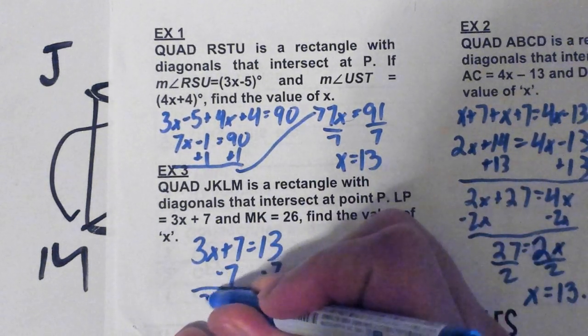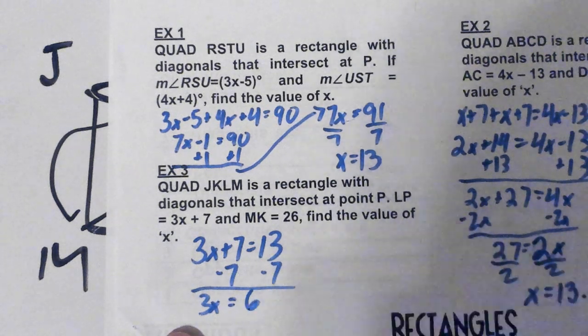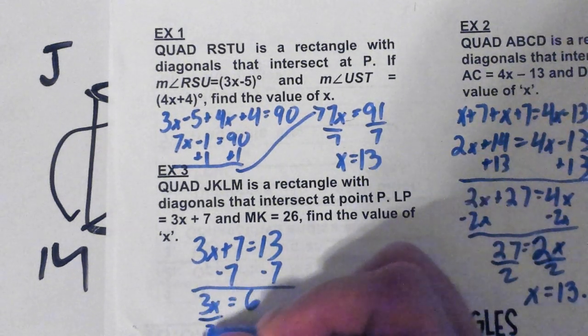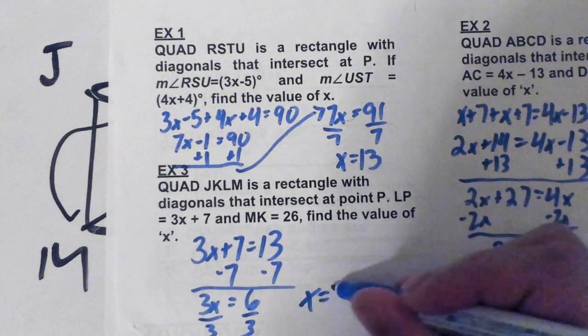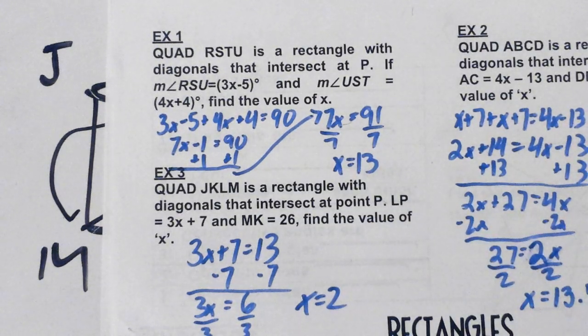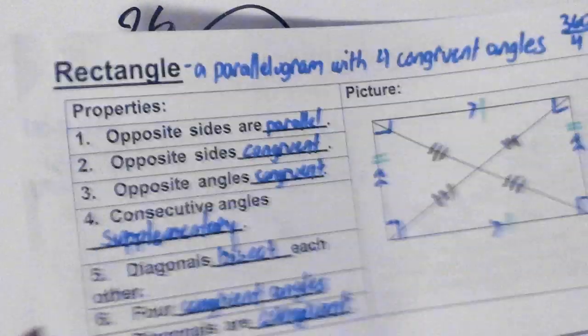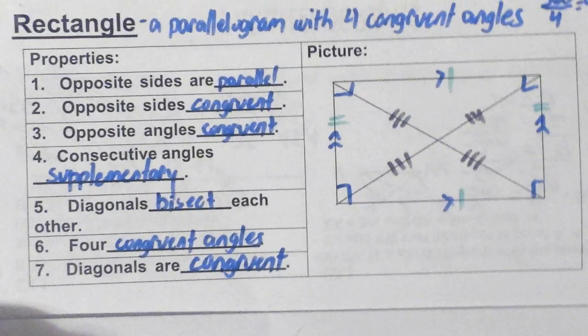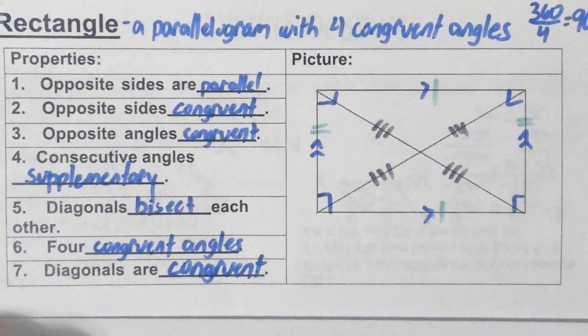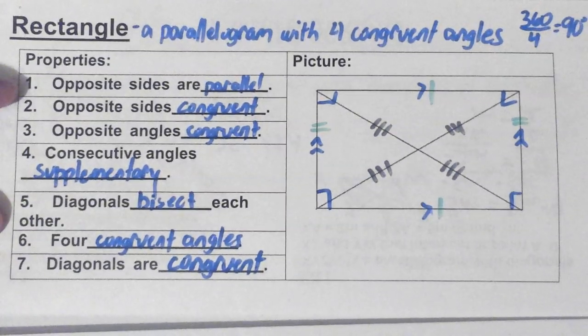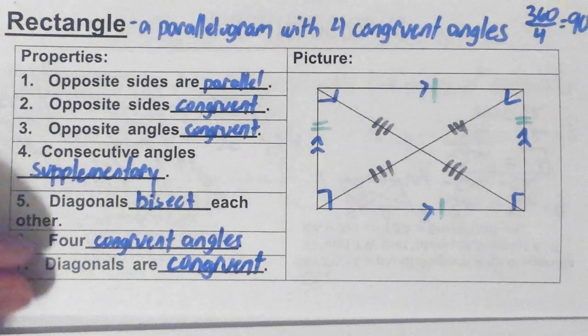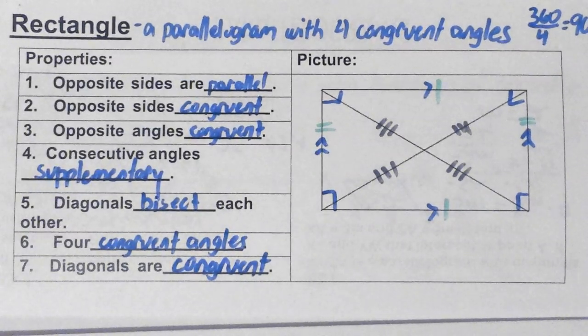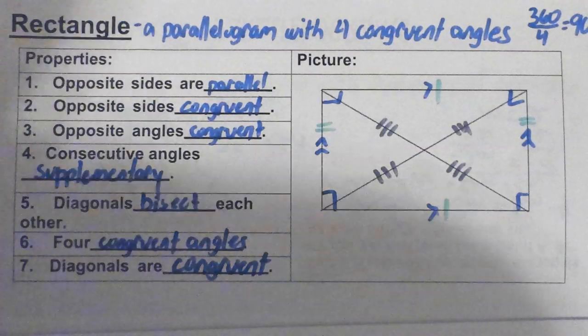So 6 divided by 3, x equals 2. Okay, so there's your properties of rectangles. It has the 5 properties of a parallelogram, and then 2 extra properties. 4 angles are congruent. Specifically, each angle is 90 degrees, and the diagonals are congruent.